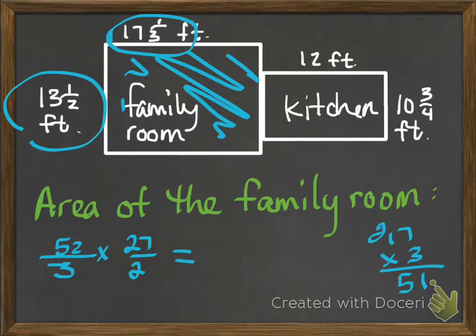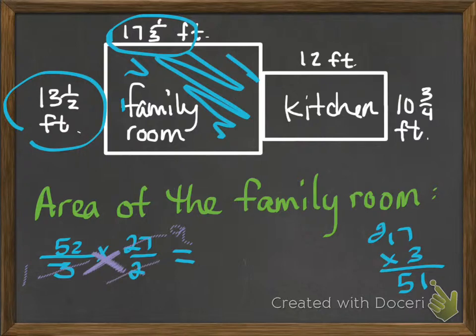Now before I multiply, I'm going to see if I can cross simplify. I see 3 and 27. I know 3 can go into 27 and 3 goes into itself. So 3 divided by 3 is 1, and 27 divided by 3 is 9. And I know 2 and 52 can both be divided by 2.